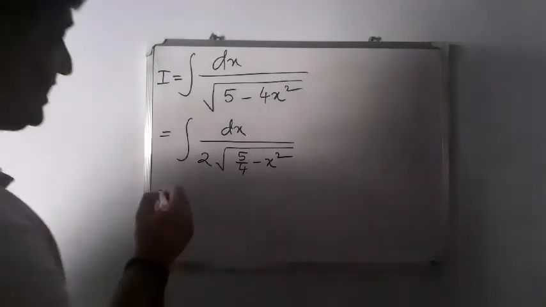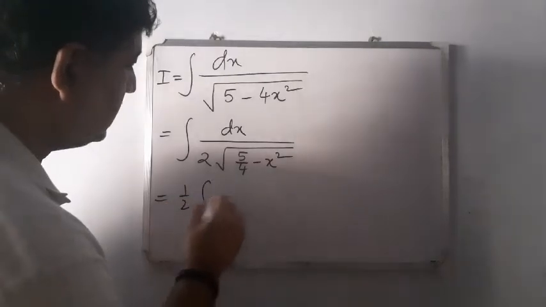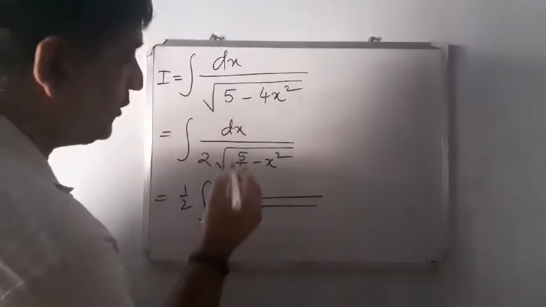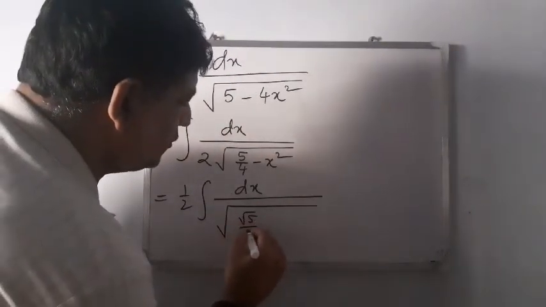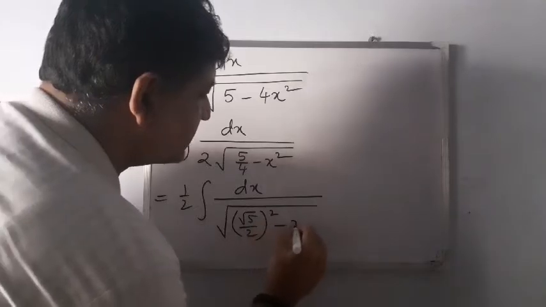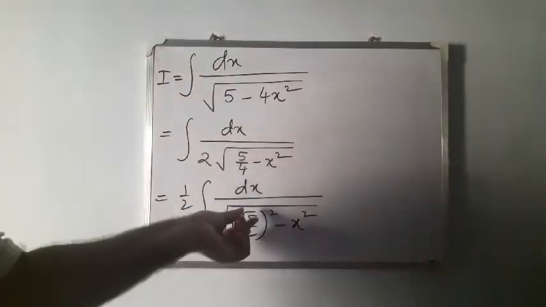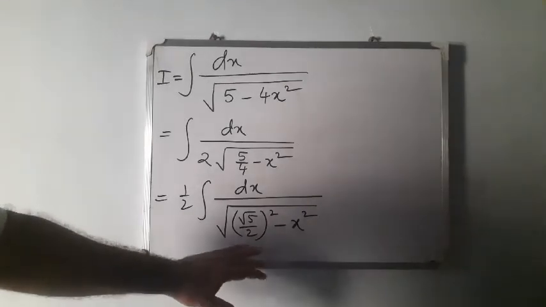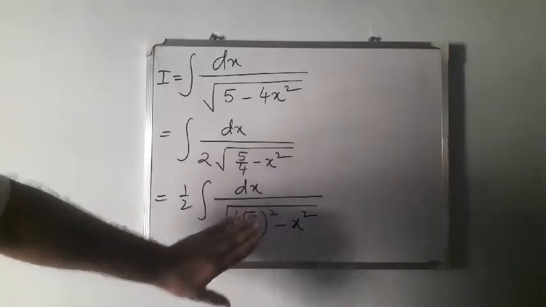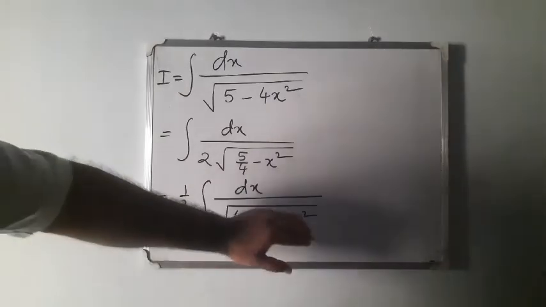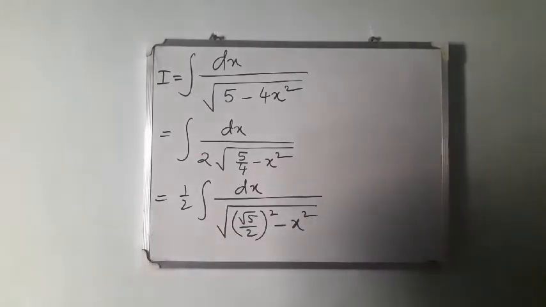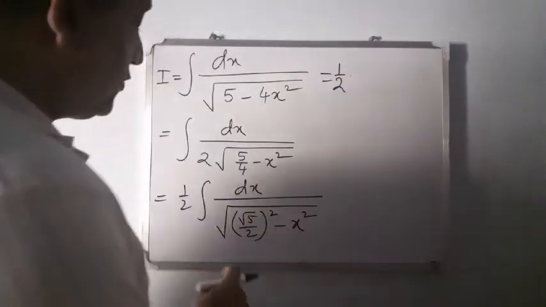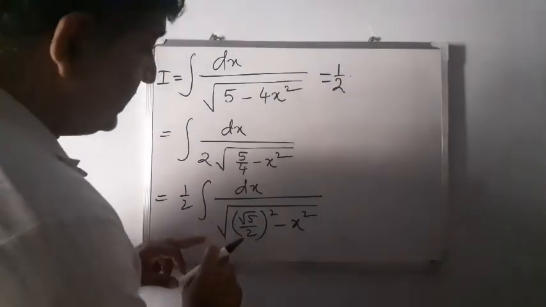So half is to be taken outside: half integral dx by root over, and in this radical sign you can write root 5 by 2 whole square minus x square. Now, instead of a, we have root 5 by 2. So for a square minus x square with radical sign, this formula is applicable. We should write 1 by 2 into, do not write 1 by a, because this contains the radical sign.